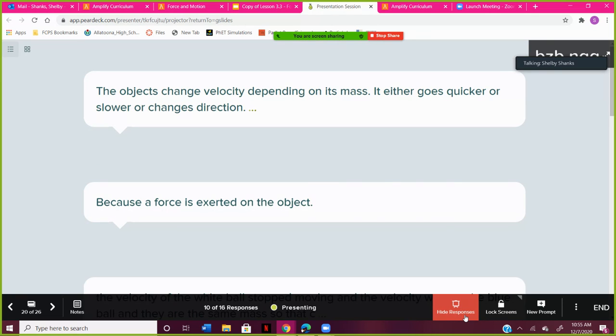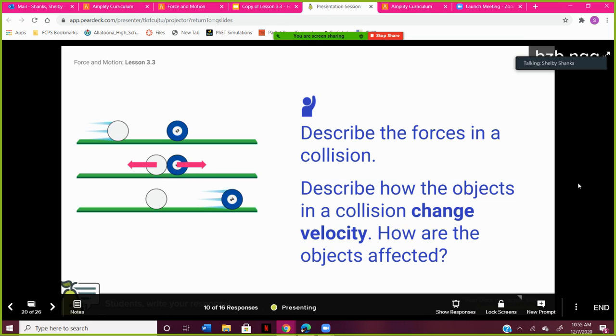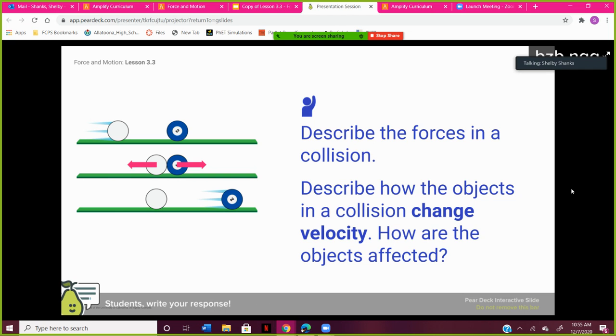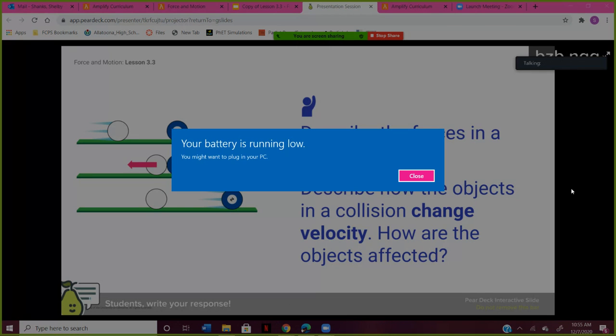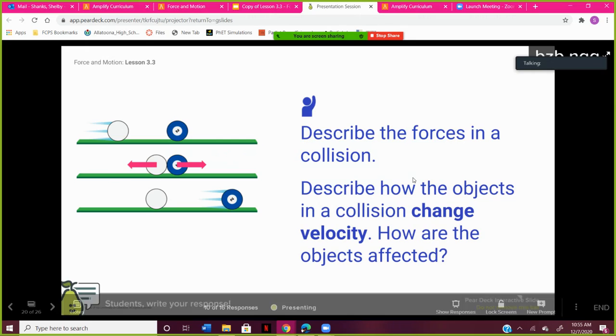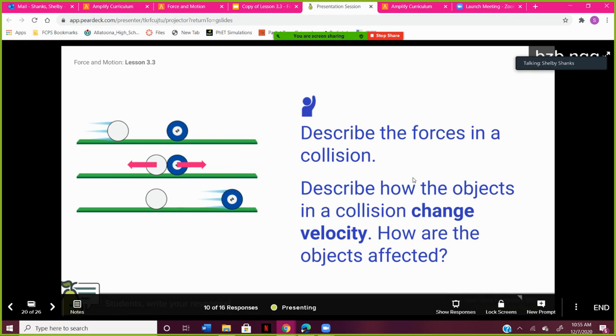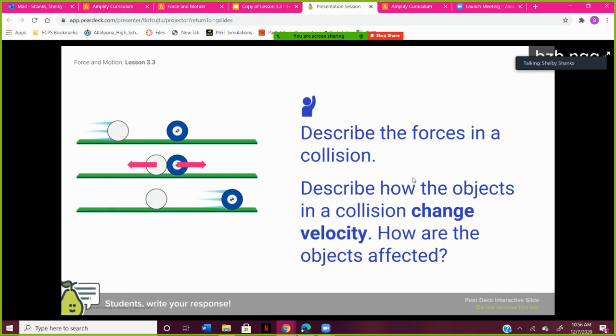Once you guys get done responding to this question, I'm going to look at those later on and see who answered what. And I will give points for that question most likely. So make sure you are responding.